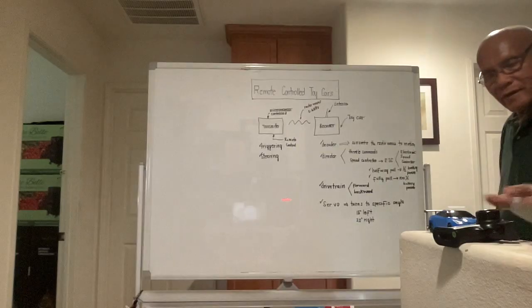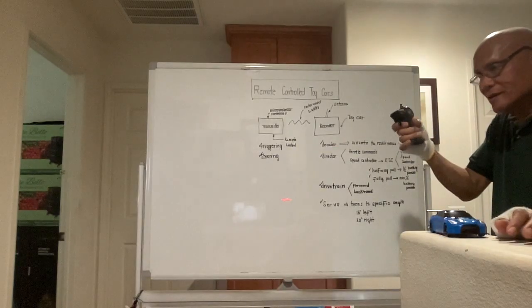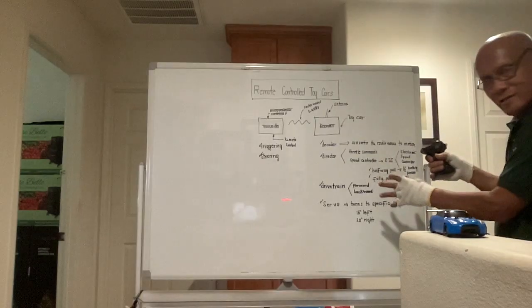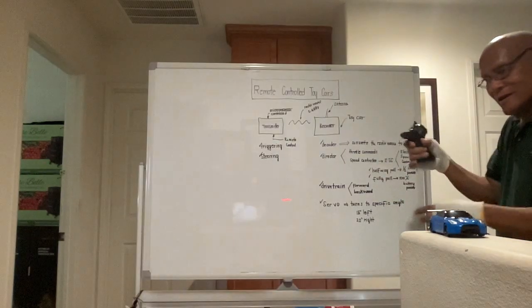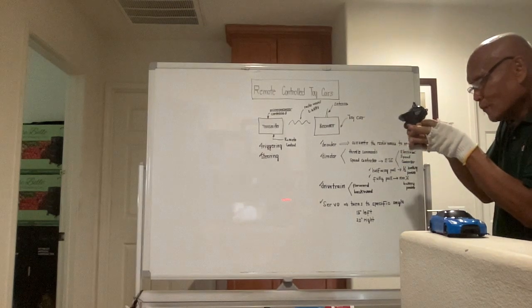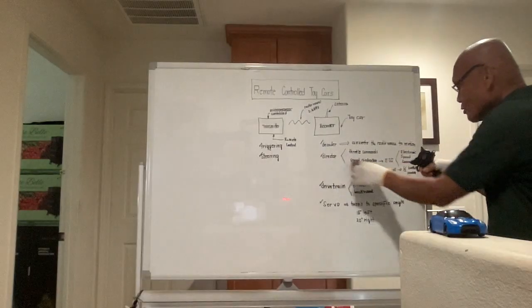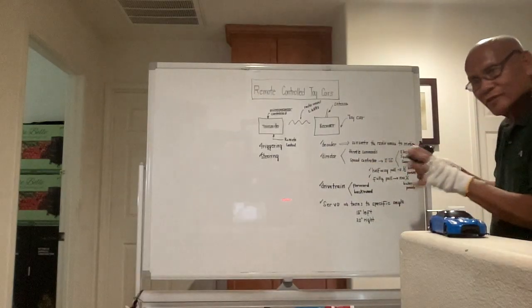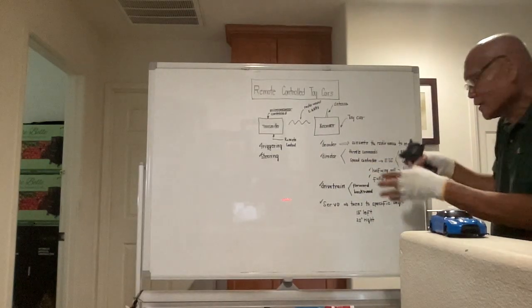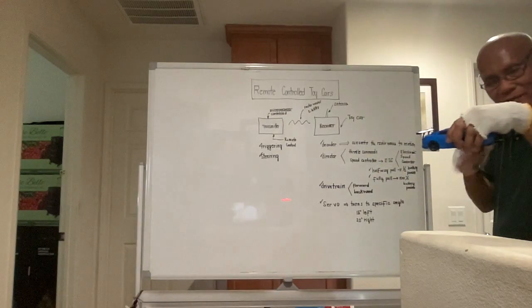Speed controller means if you depress this fully, it will go forward. But if it's fully depressed, this director or speed controller will give the maximum voltage of the battery, the full battery.